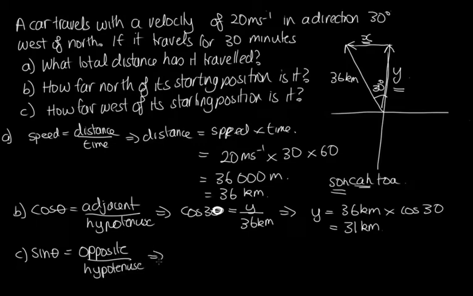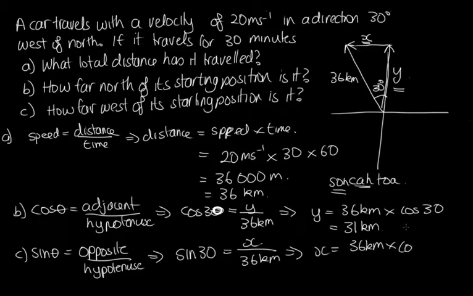So this tells us that sine of 30 is equal to opposite, which is our x, over 36 kilometres. And so x is equal to 36 kilometres times sine of 30. So solving that on the calculator, we end up with 18 kilometres.